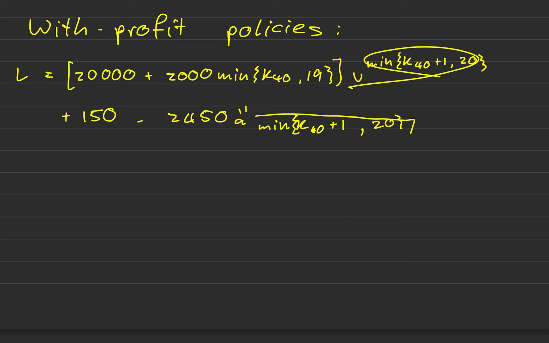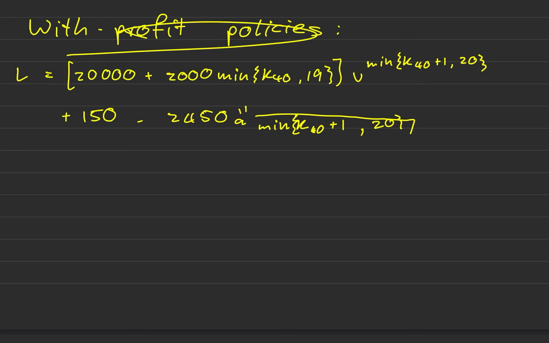Now I'm discounting this by the minimum of K40 plus 1 and 20. The 20 is simple enough to understand. This is a with profit endowment assurance policy, so if this person survives to the end of the term, then I must discount by 20 years because the term is 20. But if they die within the term, and the sum assured is payable at the end of the year of death, then I must pay them after the number of whole years of life they've had, plus the year they died in, at the end of that year.